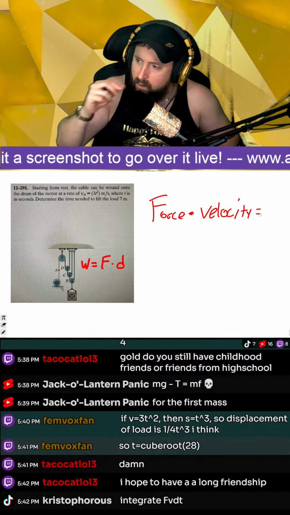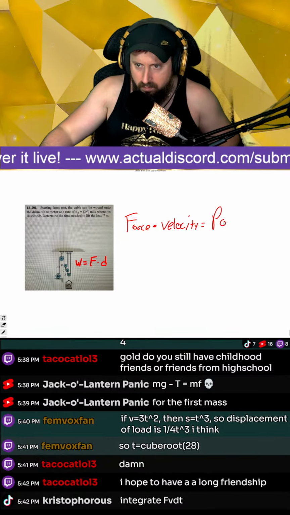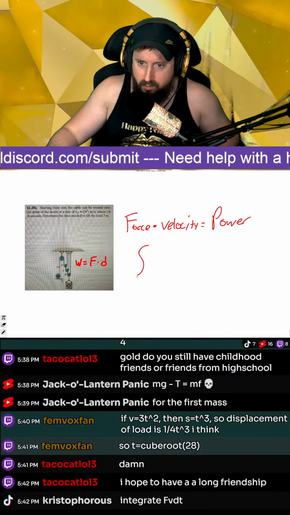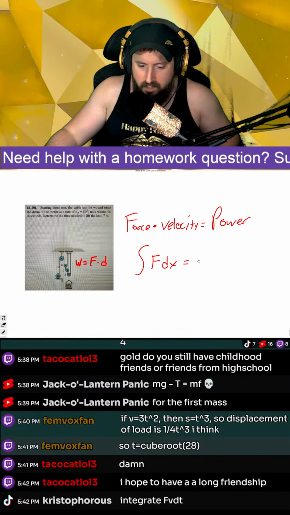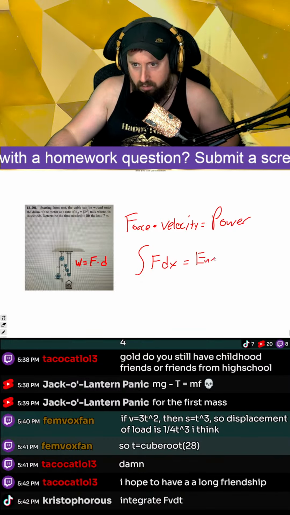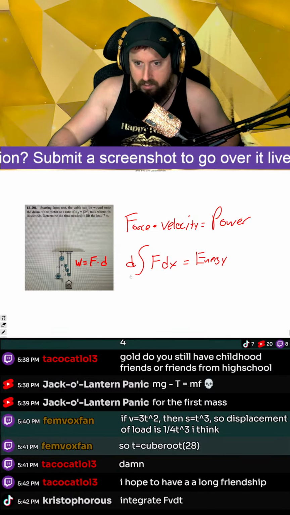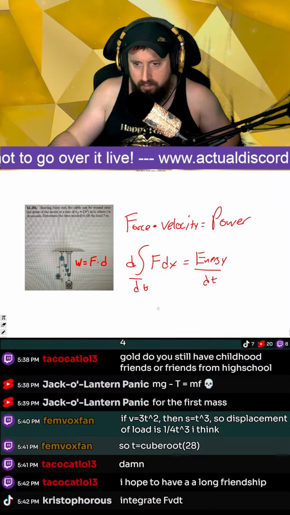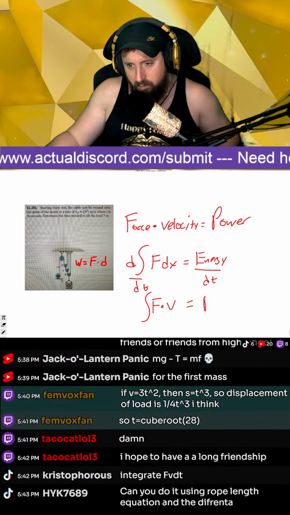That's equal to power. So let's see how that works. Because integral of F dx is equal to energy. And if I do d/dt of both sides, that's force times velocity is equal to power.